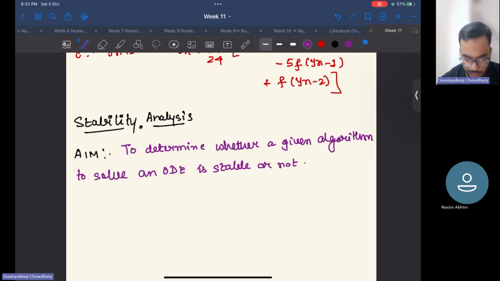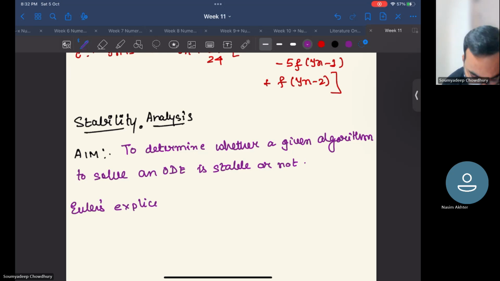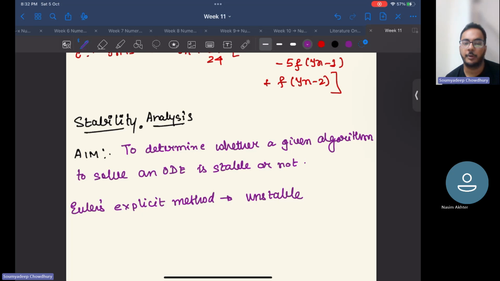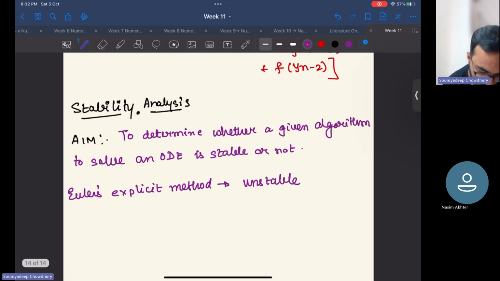So we can tell here that explicit methods like Euler's explicit method can be unstable. If we do not choose our h properly, then our Euler's method can be unstable.